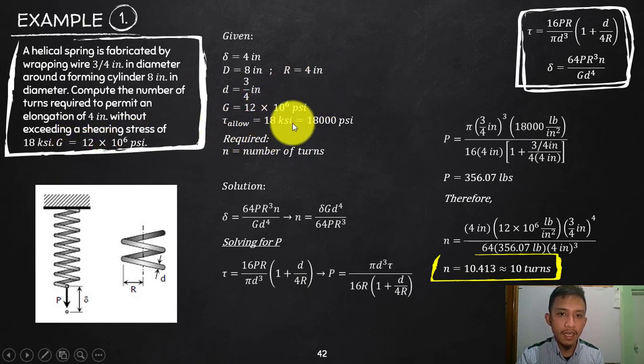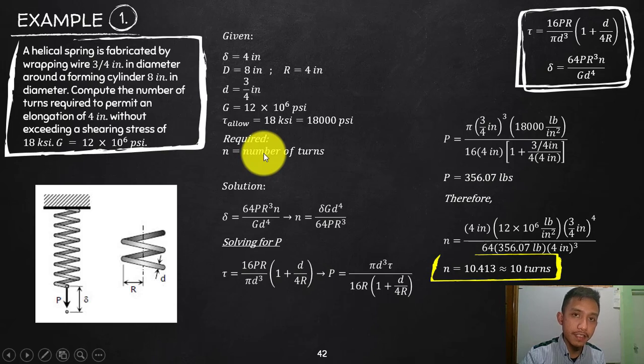The allowable shearing stress for the material used in the wire is 18 ksi, or in pounds, since later on we will be dealing with those forces, I will multiply that by 1000. 1 kip is 1000 pounds, so that will give us 18,000 psi. Required is how many turns I need for us not to exceed that 4 inches deformation.